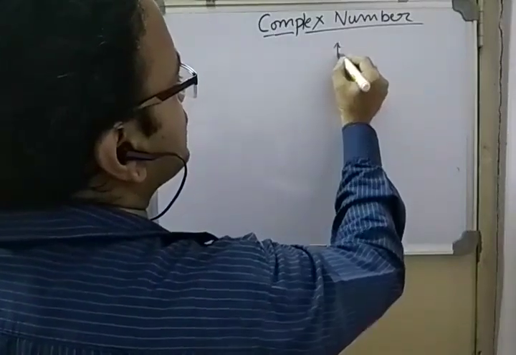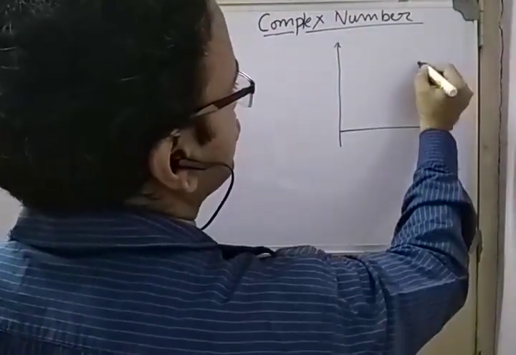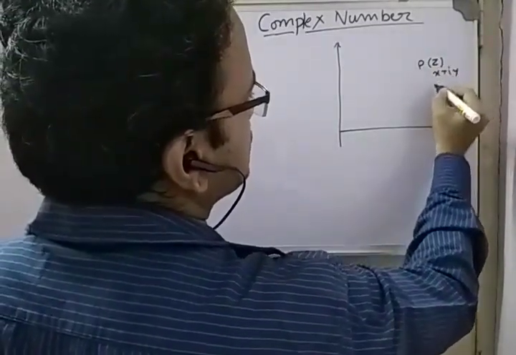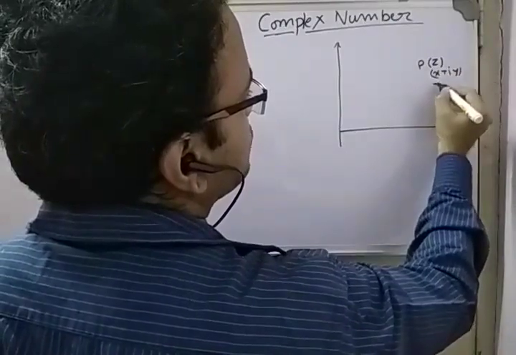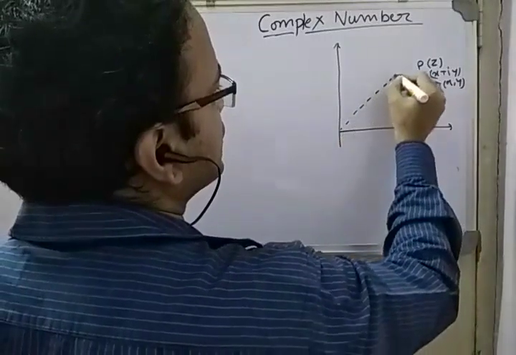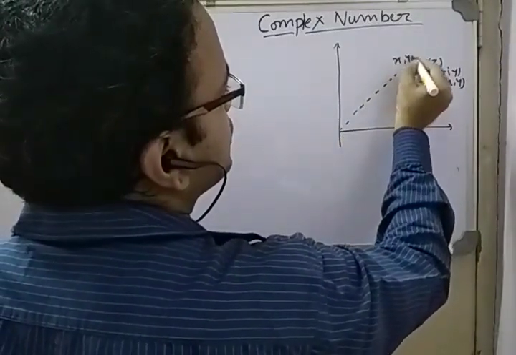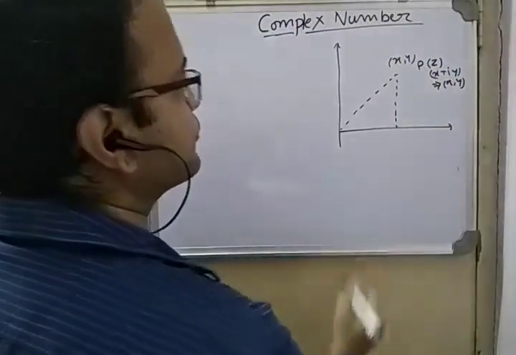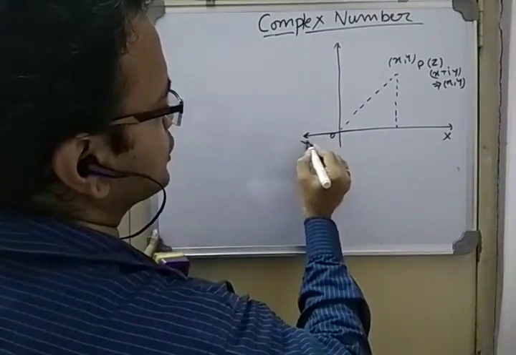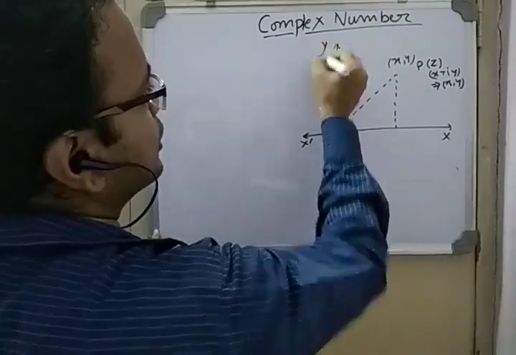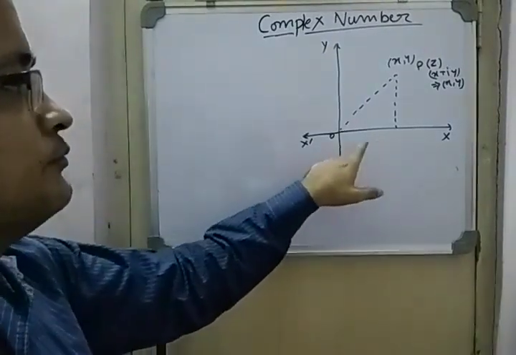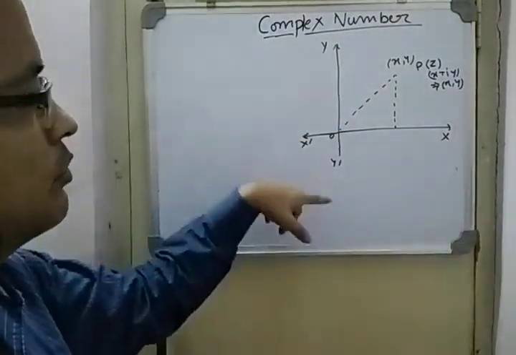We have seen in the last class how a point P, z, that is x plus iy, can be represented. Actually it is equivalent to x comma y, so it can be represented like we normally do in the xy plane. In normal two-dimensional geometry, this is the x axis and this is the y axis.